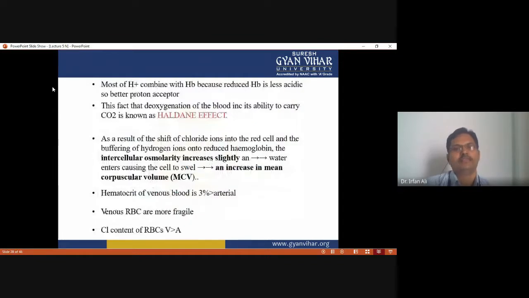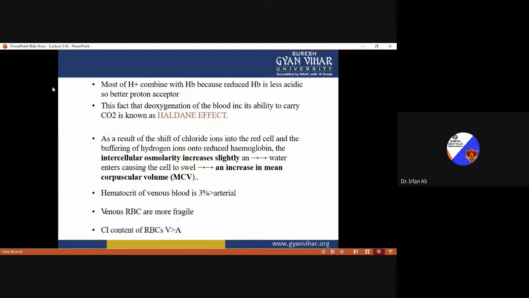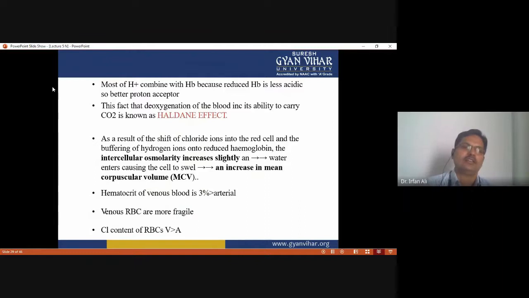And most of the hydrogen ion combines with hemoglobin because reduced hemoglobin is less acidic and a better proton acceptor. And this factor, that deoxygenation of the blood increases its ability to carry carbon dioxide, is called the Haldane effect.